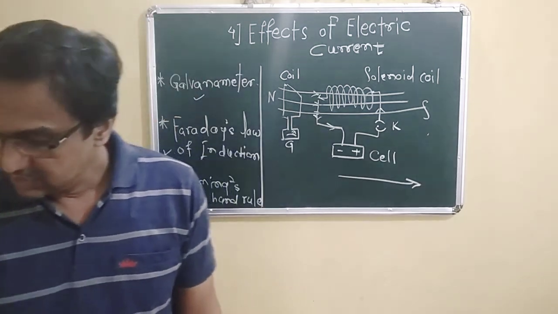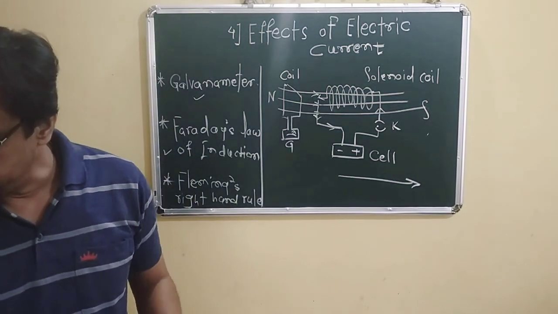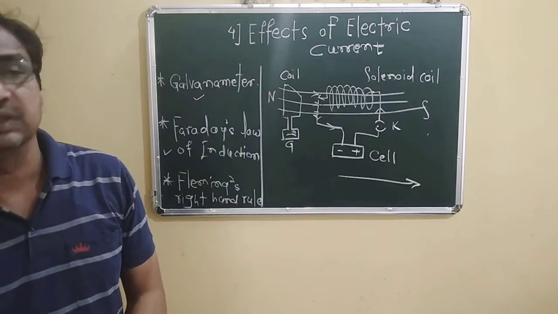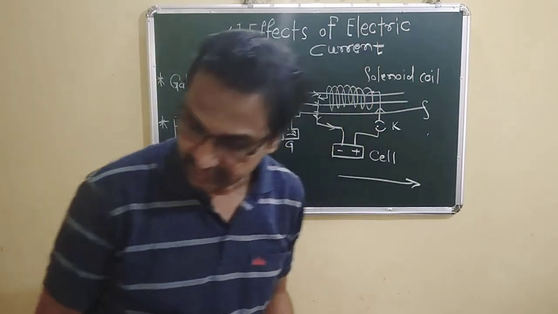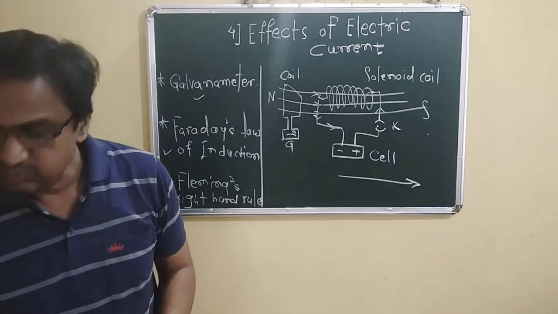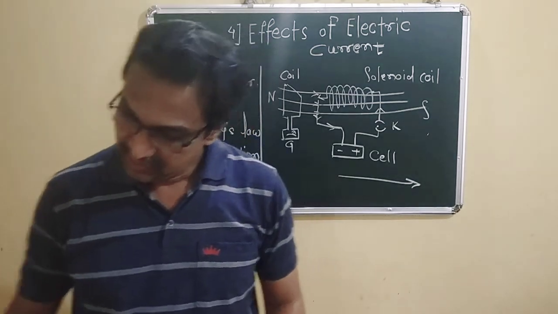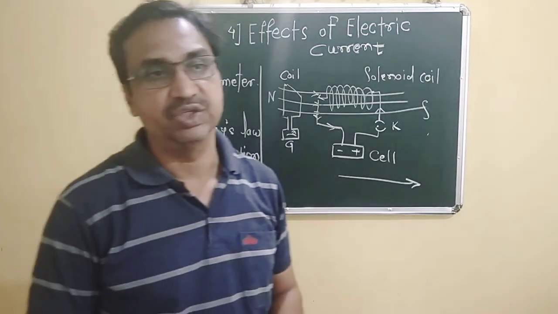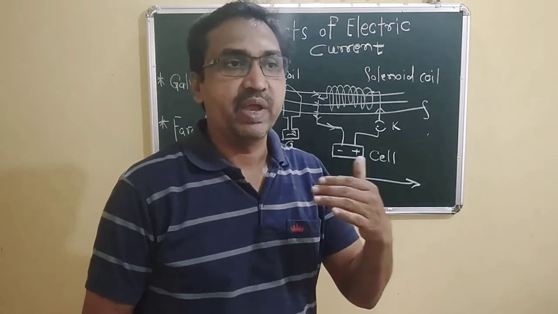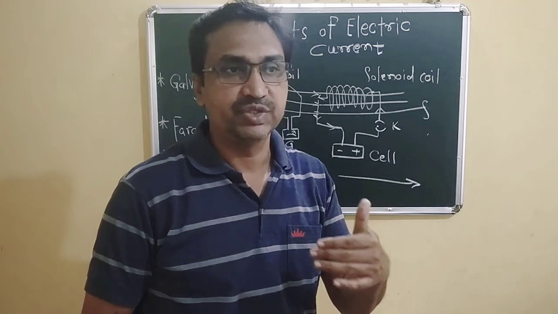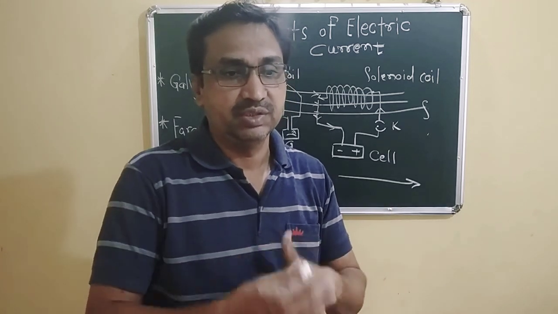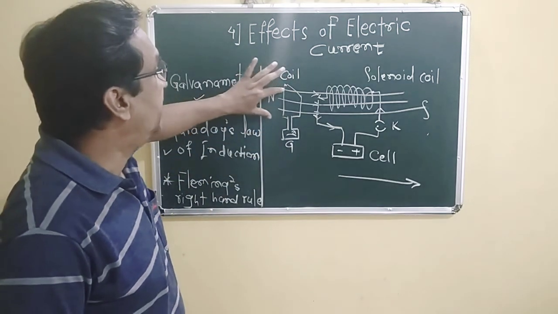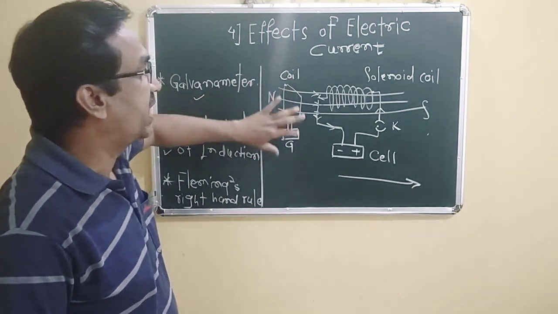Faraday's law of induction states that whenever the number of magnetic lines of forces passing through the coil changes, that is, the cutting of lines, if it displaces, there is a change in the magnetic lines.